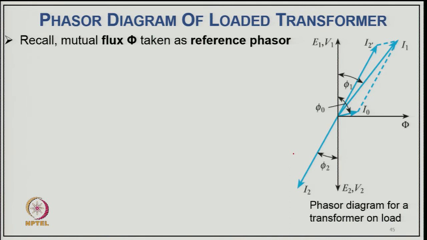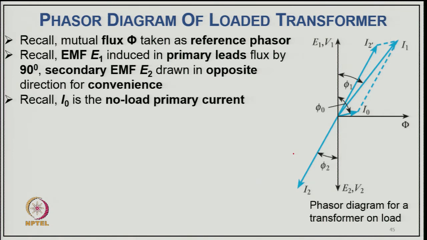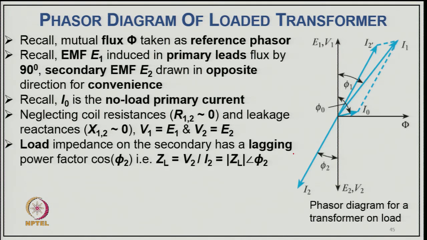So, you can recall the mutual flux is taken as the reference phasor here, and E 1 induced in the primary leads the flux by 90 degrees, and the secondary EMF is drawn in the opposite direction from E 1 for convenience. I 0 is the no load current of the primary, and neglecting the coil resistance of primary and secondary and leakage reactance of primary and secondary, you can call it V 1 equal to E 1 and V 2 equal to E 2, and the load impedance of the secondary has lagging power factor phi 2.